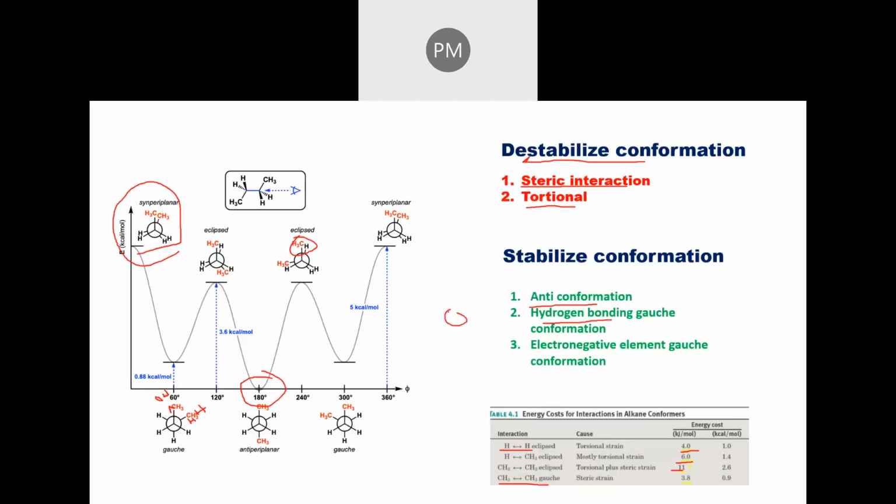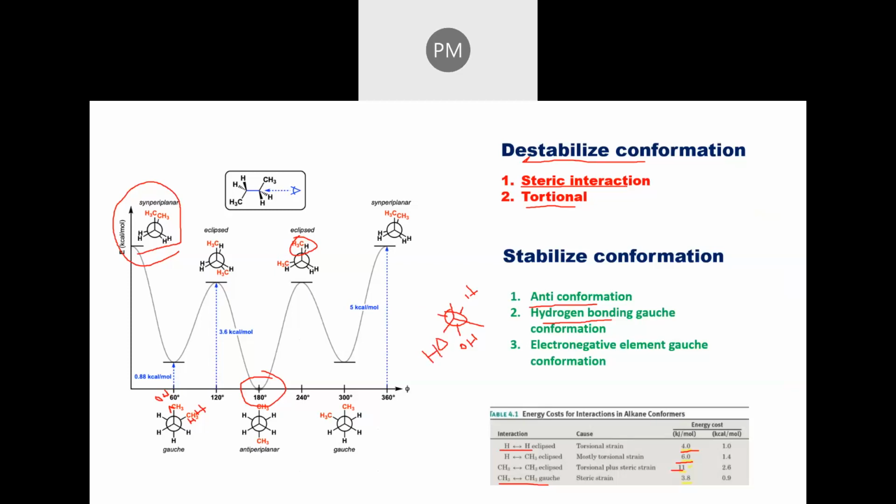For any conformation, like the conformation like this, what will be your stable conformation?